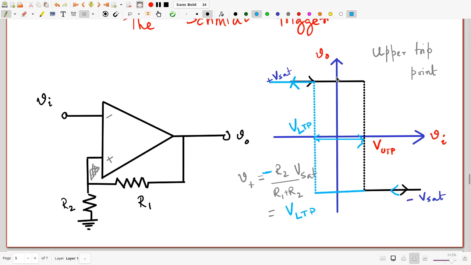Will the output be plus Vsat or minus Vsat? That depends not only on the current value of the input voltage, but on how the input voltage changed while it got here. Was it coming from a large negative value, in which case the output will be plus Vsat, or was it coming from a large positive value, in which case the output will be minus Vsat?